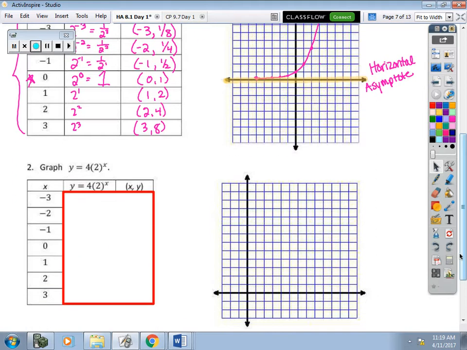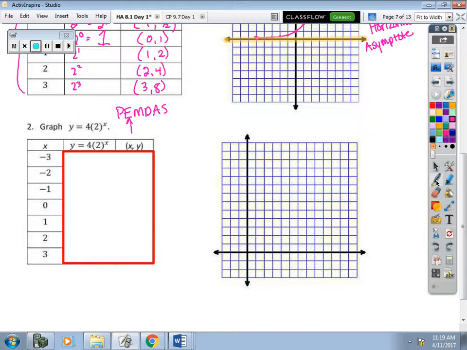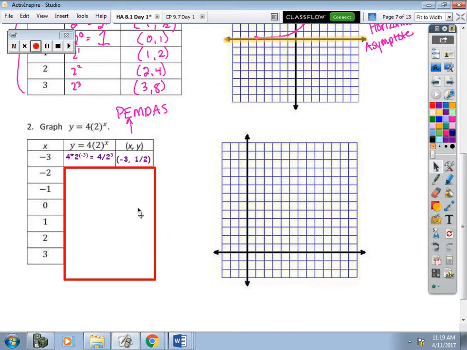The next one is basically the same thing. The only thing you have to be careful with this is that you do use your order of operations. And remember that exponents come before multiplication. So for this one, we would plug in, I already have these done just for the sake of time. We'd have 4 times 2 to the negative third.